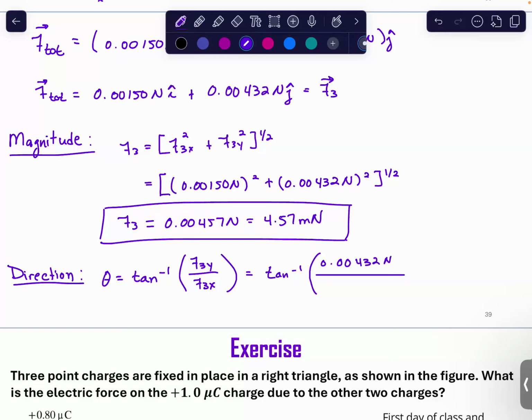So the direction of the vector is going to come out to be about 70.9 degrees.